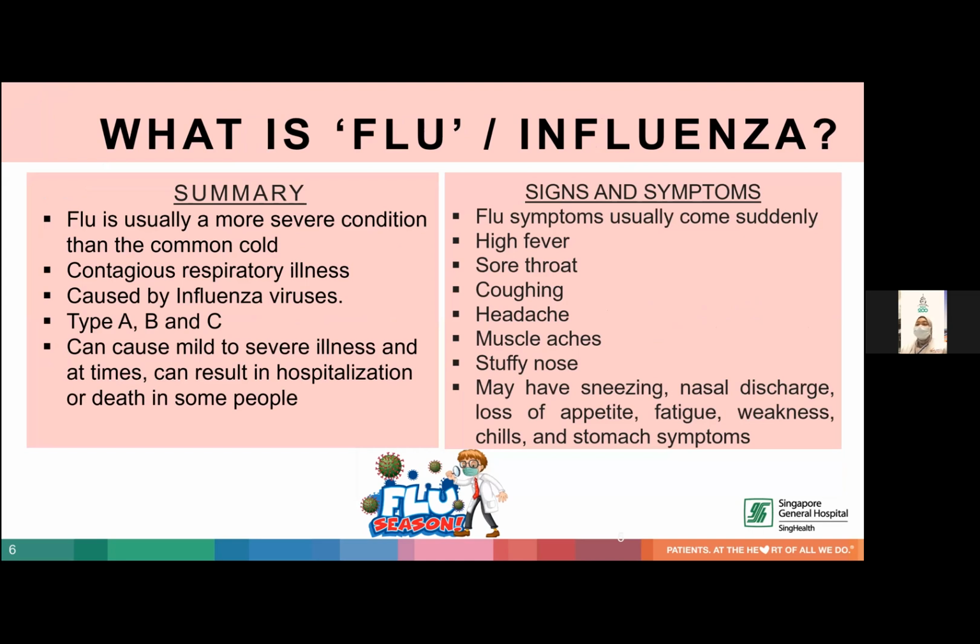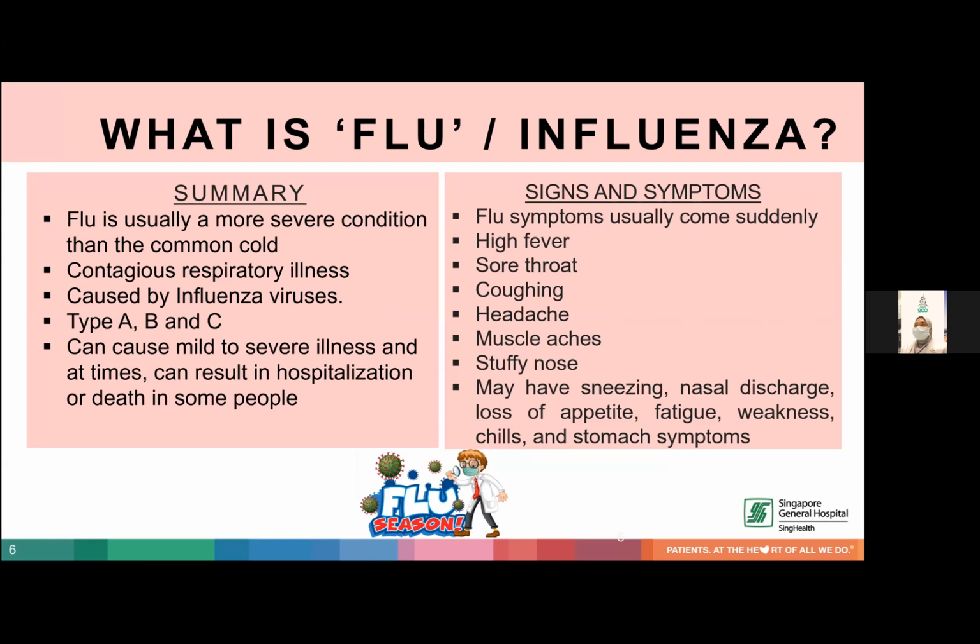What is flu or known as influenza? Influenza is caused by the flu virus, which has 3 main types: flu A, flu B, and flu C. Flu A and flu B are responsible for seasonal outbreaks and epidemics. Between the two types, flu A causes more severe cases and complications like pneumonia, especially in the elderly, and also young children such as 5 years and below, and those with chronic conditions.